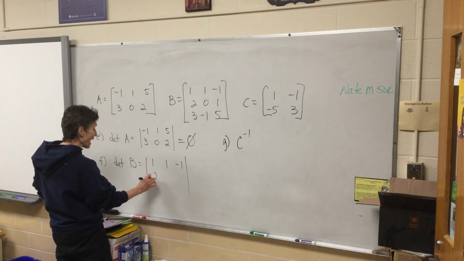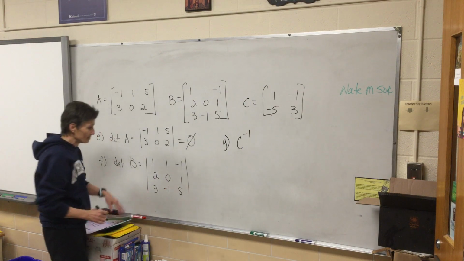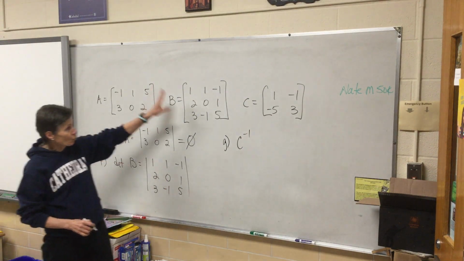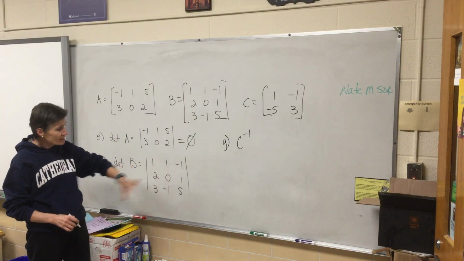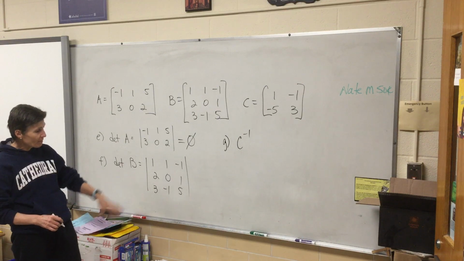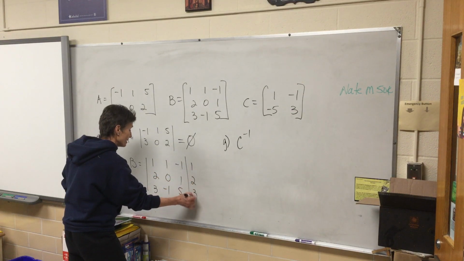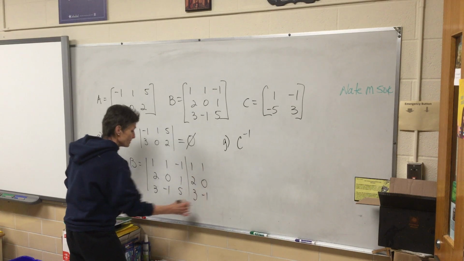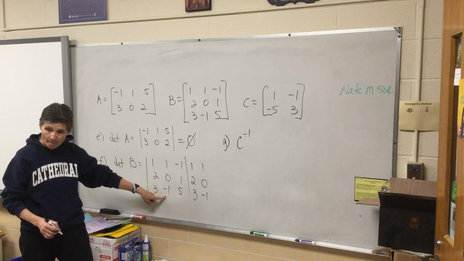And this is exactly when you recopy the first 2 columns. So B is square. It's a 3 by 3. And to do the determinant of a 3 by 3, we do exactly what Annie said. We recopy the first 2 columns. So here's column 1, here's column 2.